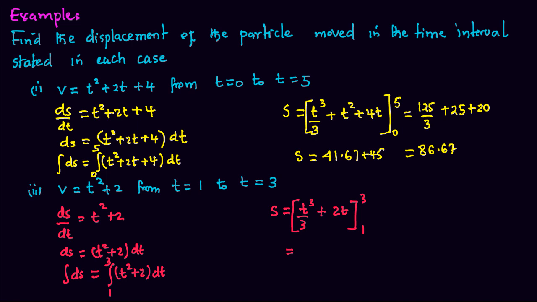This is equal to 3 cubed over 3 plus 6 minus a third plus 2. This is equal to 15 minus 2/3.